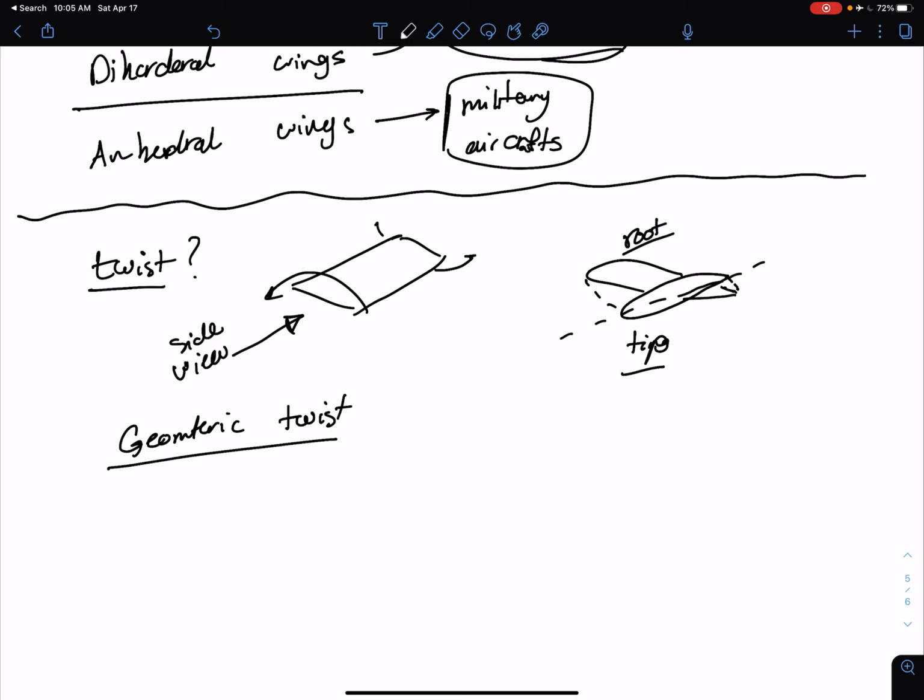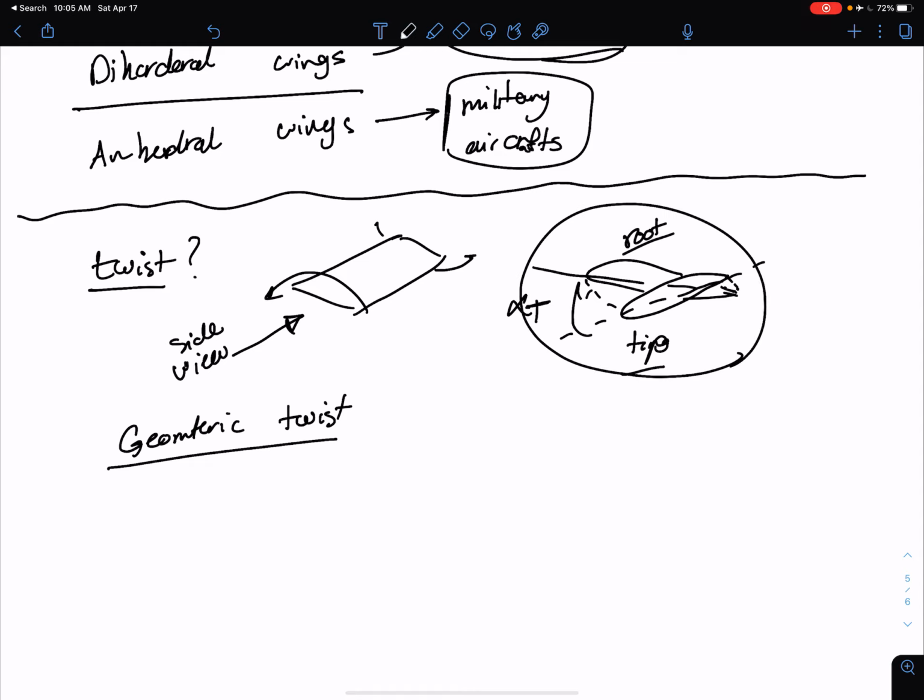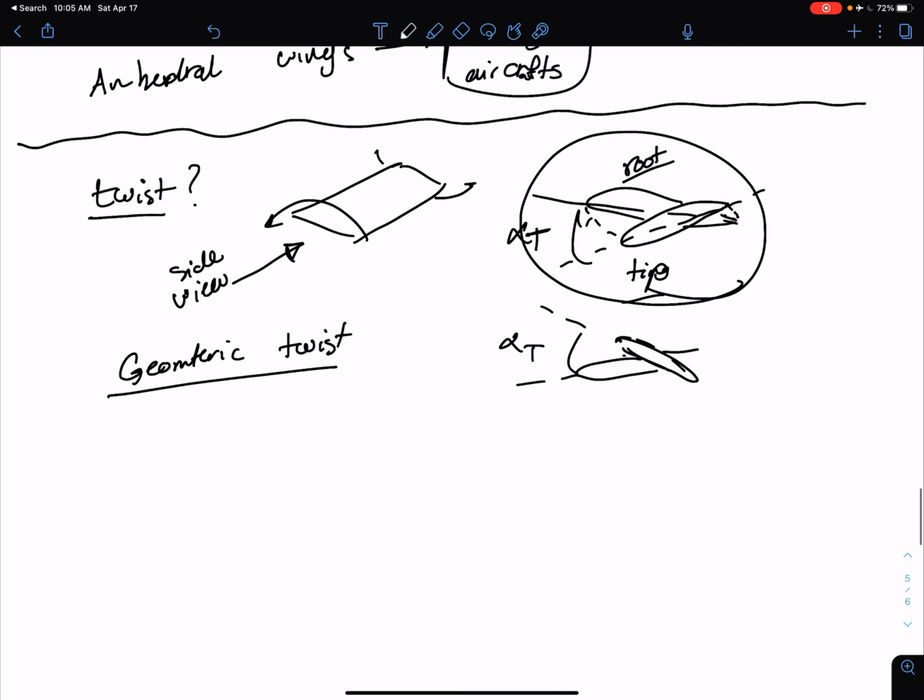Based on the twist, essentially based on which one of these is on top, let's call the angle of twist alpha of t. We can have this position, or we can have your tip look like this and your root look like this, which means that your tip is going to have a higher angle.